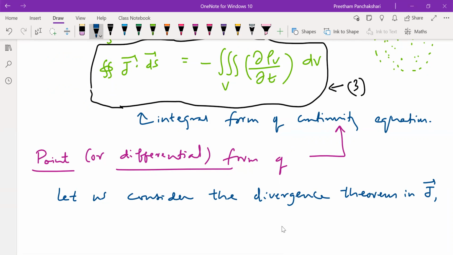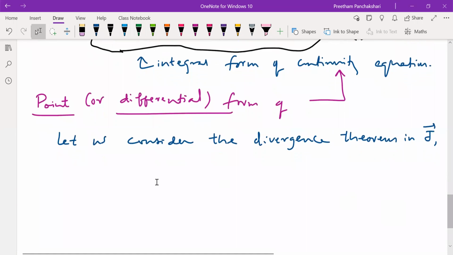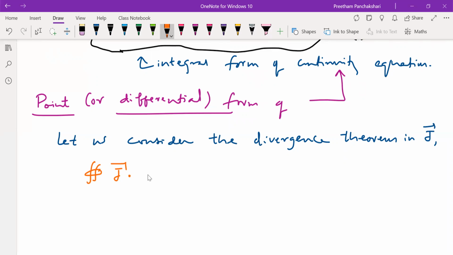J being current, it is capable of spreading in all the directions with different rates. So that's why J can satisfy the divergence theorem, and it is given by the closed surface integral of J is equal to the volume integral of the divergence of J. This is the divergence theorem.